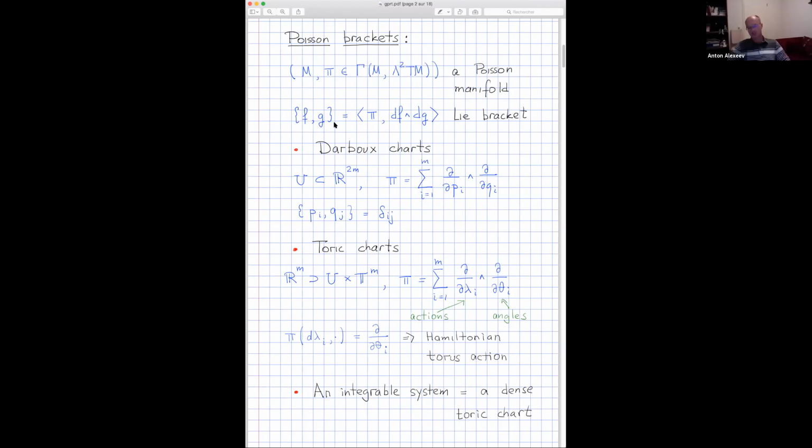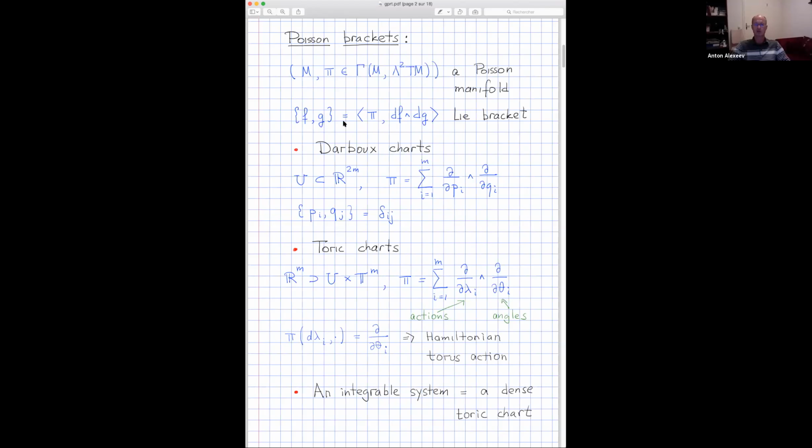Now, the standard examples of Poisson manifolds are so-called Darboux charts. If we take an open subset in R^{2m}, with coordinates p_i and q_i, with i running from 1 to m, we just take the bivector given by the sum of wedge products of ∂/∂p_i and ∂/∂q_i.